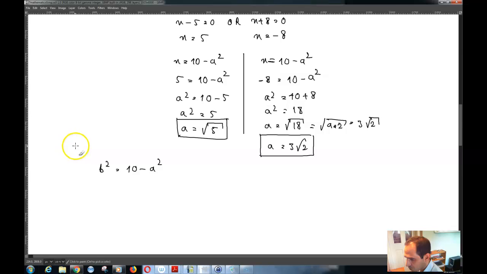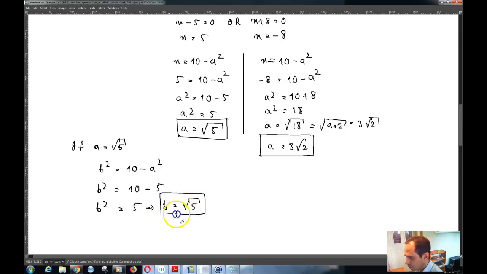If a is equal to the square root of 5, then b squared is equal to 10 minus 5, so b squared is equal to 5. That means that b is equal to the square root of 5. If a is equal to square root of 5, b is equal to square root of 5.